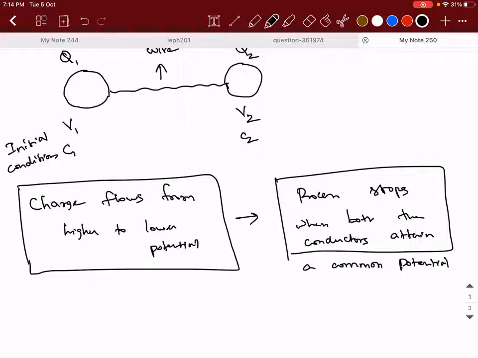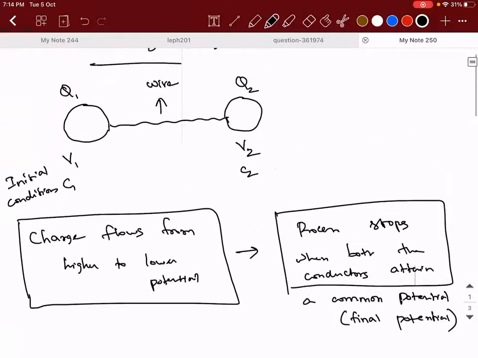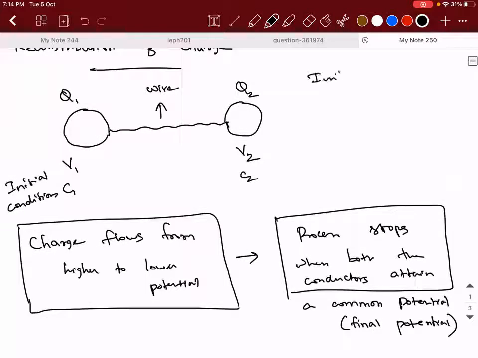Like how temperature flows from higher to lower body till the thermal equilibrium is attained, here we can say till the common potential. This common potential can also be called the final potential. Right. So, initial charge is how much?